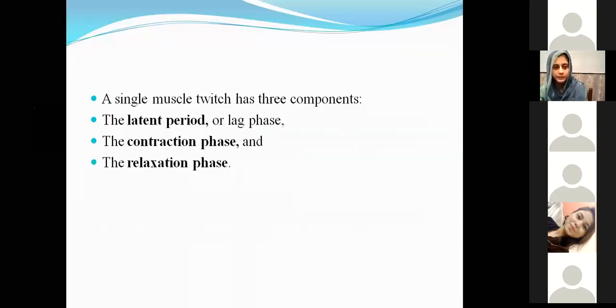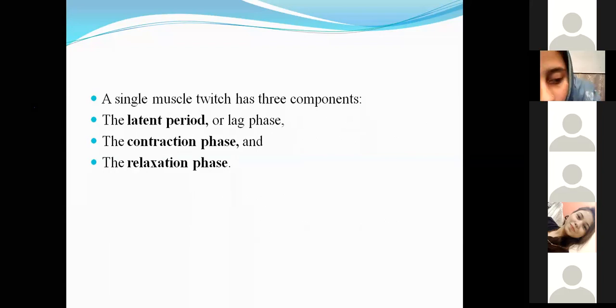जो हम simple muscle twitch करेंगे उसके 3 components हैं. Means when you give a stimulus to the muscle, there are 3 phases through which a muscle goes through. तो उसमें सबसे पहला component है latent period और उसको हम lag phase भी कहते हैं.